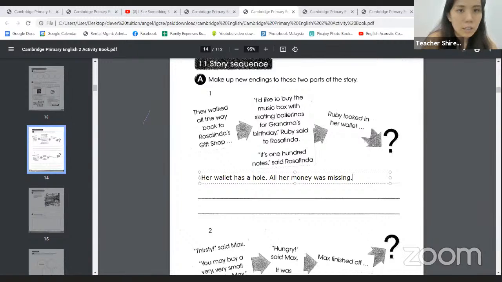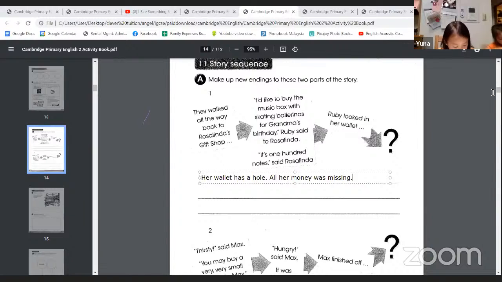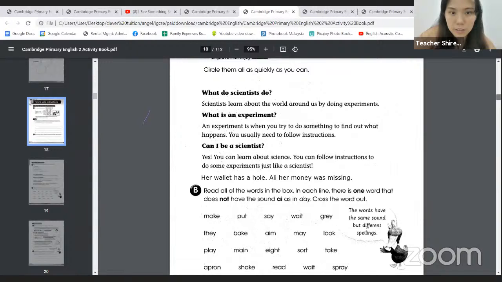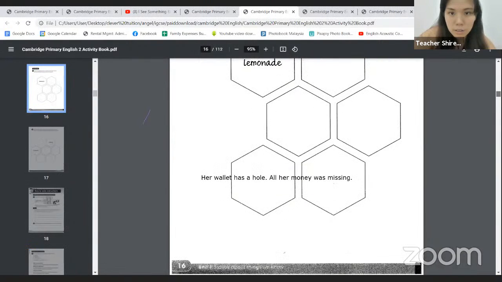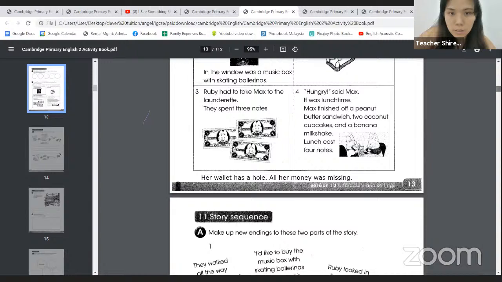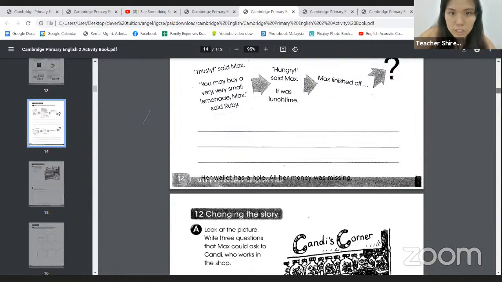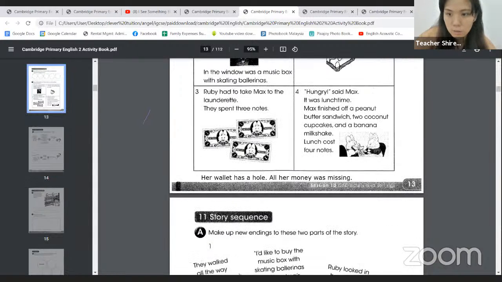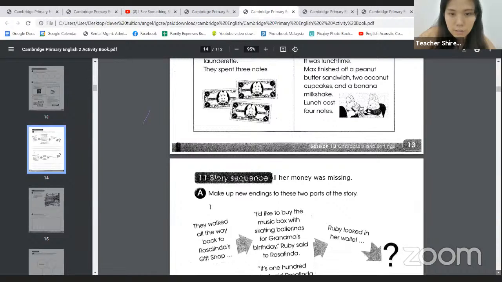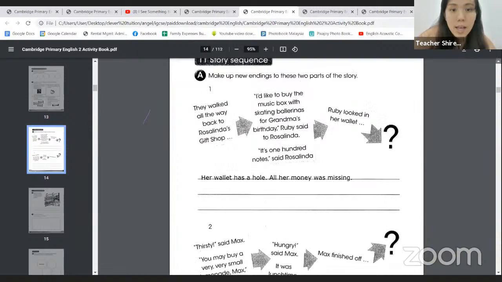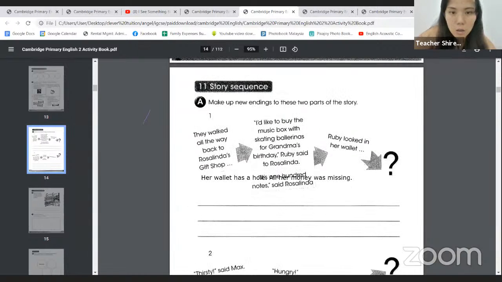Angel, turn to your year 2 English book. Turn to your year 2 English book. Page 14. Write it now. Her wallet has a hole.